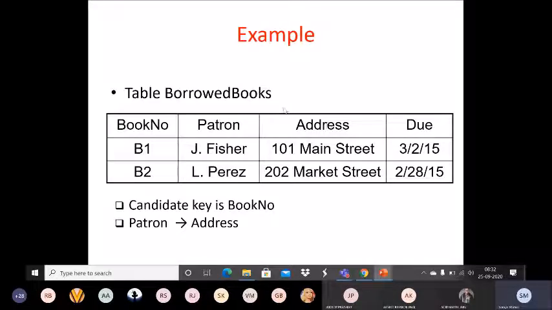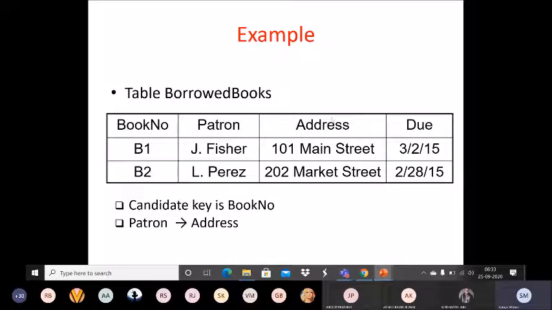So a non-prime attribute, that is patron, is determining an attribute, that is address.